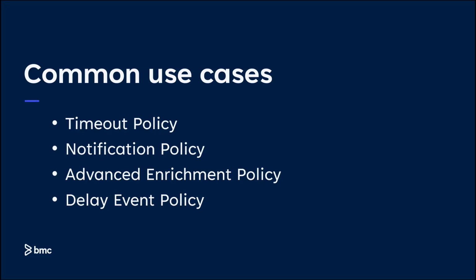Advanced enrichment policy. We will see how to get an event policy to be triggered again. For example, trigger it on a severity slot so that if the event changes to critical severity, then change it back down to minor. Delay event policy. We will create a policy to delay an event being sent for incident generation.